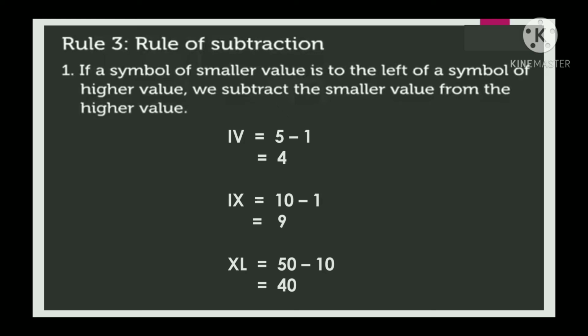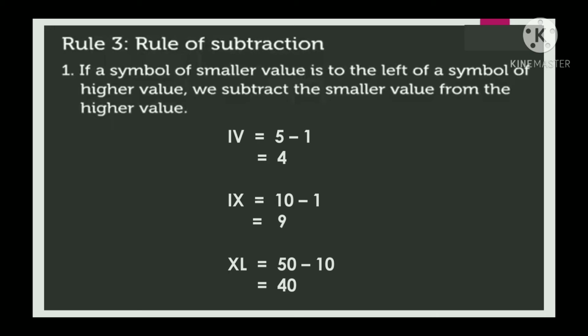Here, I has a value of 1 and V has a value of 5. So, IV will be equal to 5 minus 1, which is equal to 4. Similarly, if we take IX, because I is written to the left of the X, we will subtract and we get 9 as the Hindu Arabic numeral for IX.